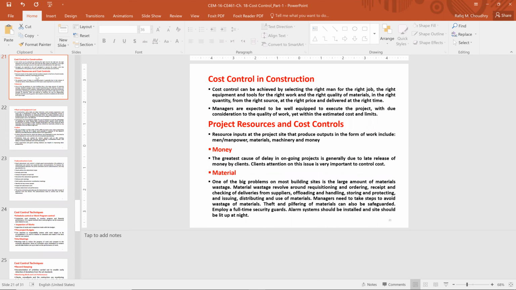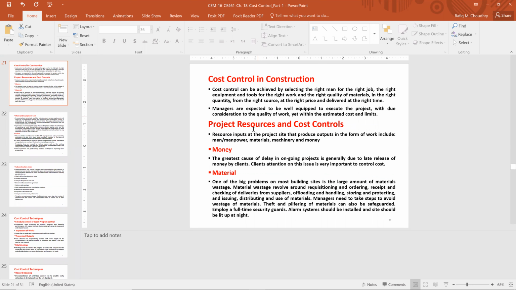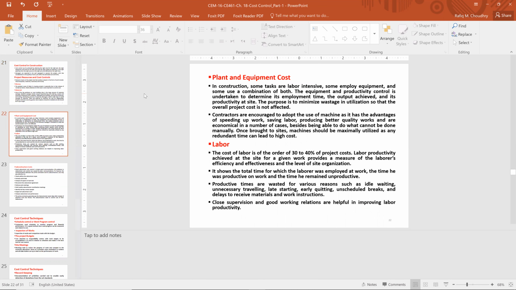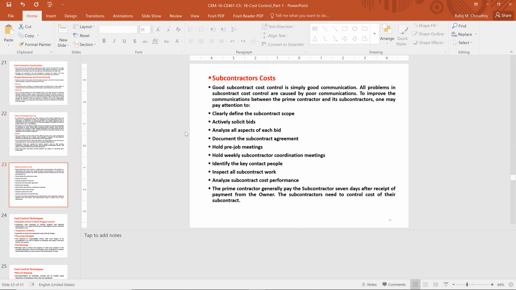Then we discussed how we control costs in construction: we control resources like money, material, plant and equipment, like machinery, and labor. And then how we control costs in our subcontracts.